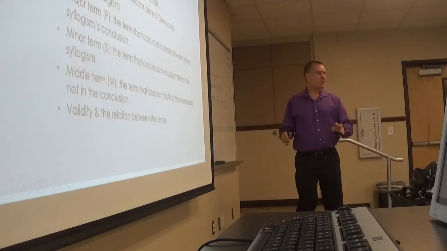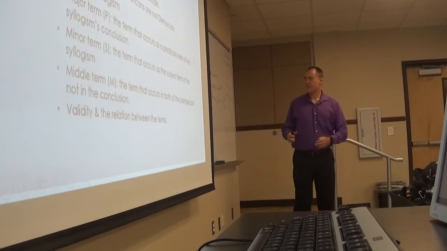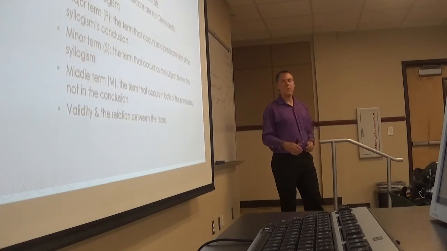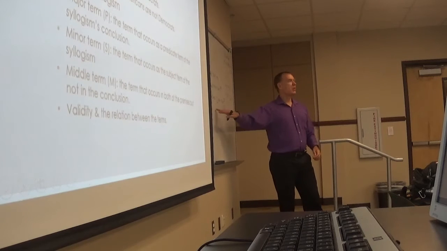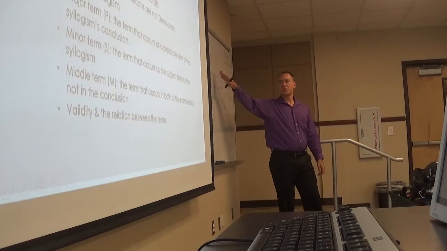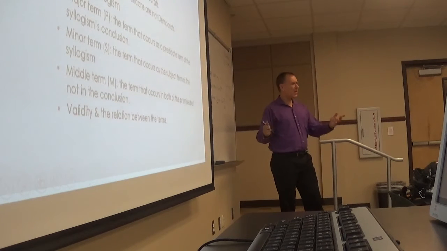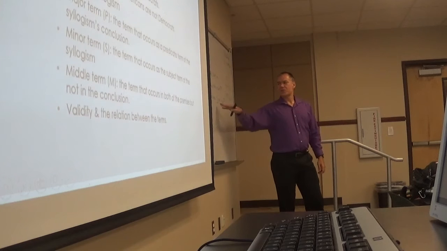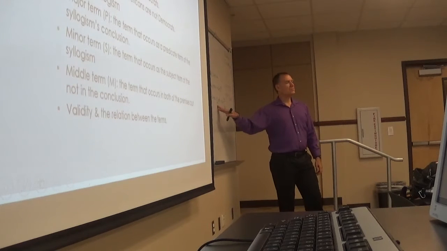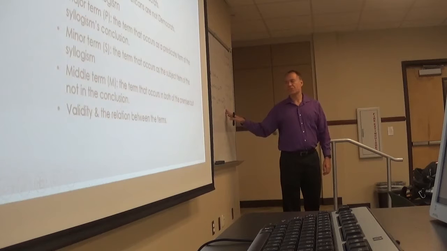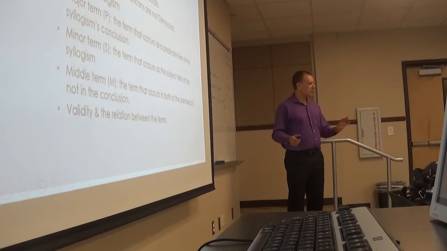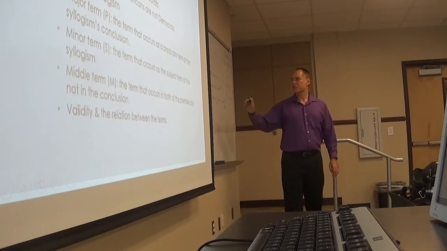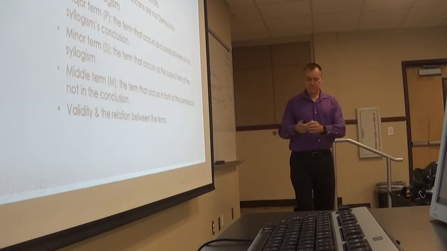So the way you spot the parts is, assuming the syllogism is put together properly, with premises and conclusion in the right places and in standard form, the subject of your conclusion is your S term, the predicate of your conclusion is the P term, and the term that doesn't occur in the conclusion is your M term.